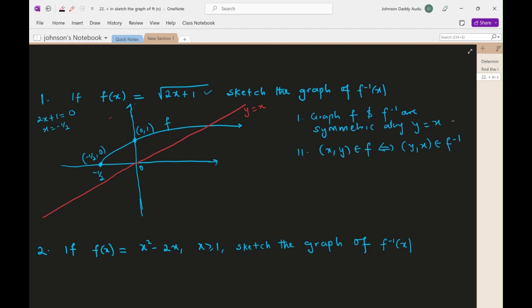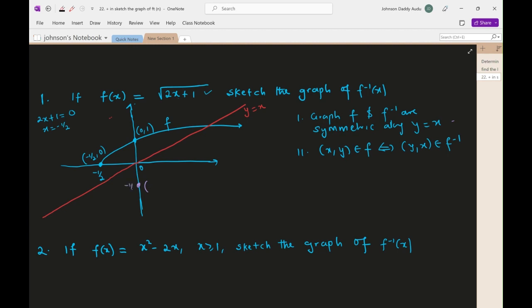Now, we can see that we already have some points here. This point is minus half, 0, on the graph of f. On the graph of f inverse, it will become 0, minus half. So it's somewhere here.